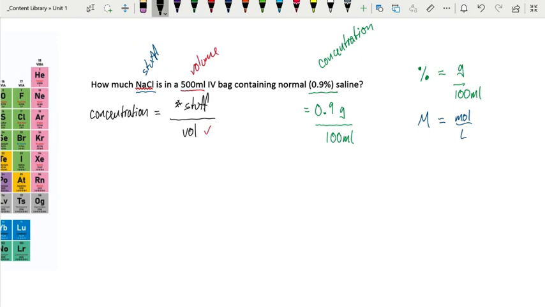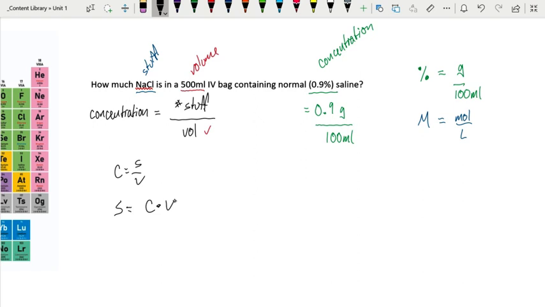Okay, now we can begin to understand how to do this. Because we have our little algebraic homemade equation of concentration equals stuff over volume, and we're trying to solve for stuff, we just multiply both sides by volume, and we get stuff equals concentration times volume. Hopefully that makes sense to everybody.